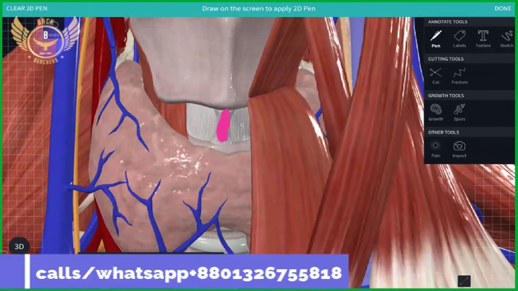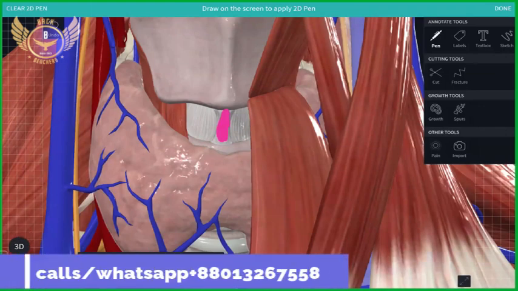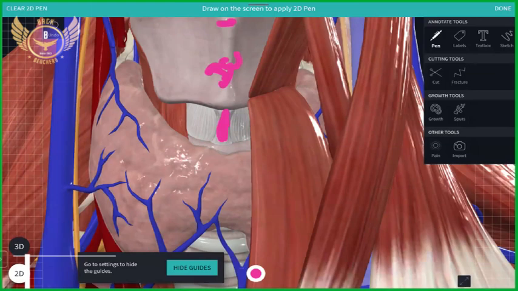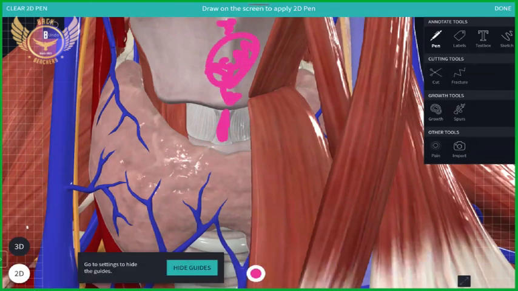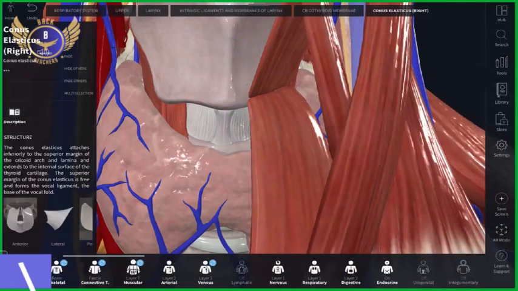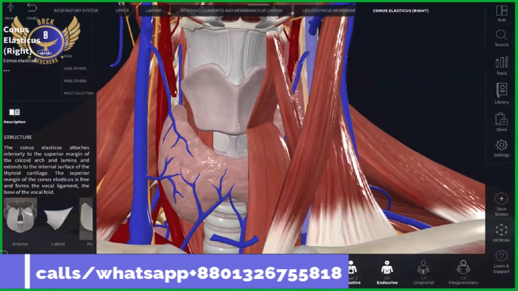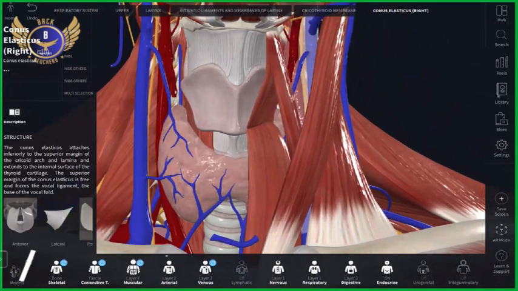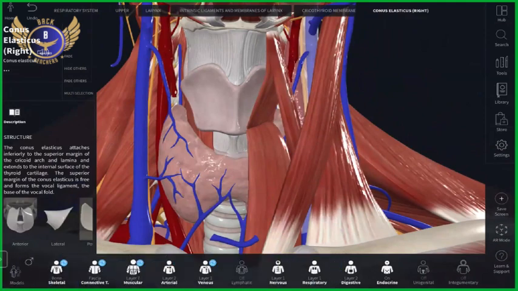Guys, they will just tell you that we just go 1 centimeter below the thyroid cartilage. Simple as that. Then the second option, all of these are true.